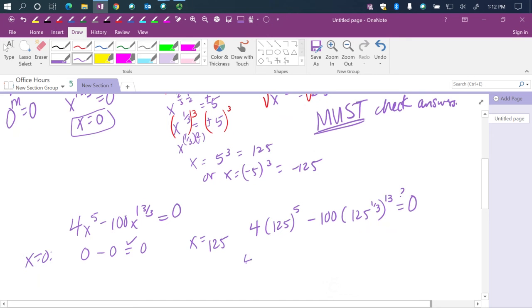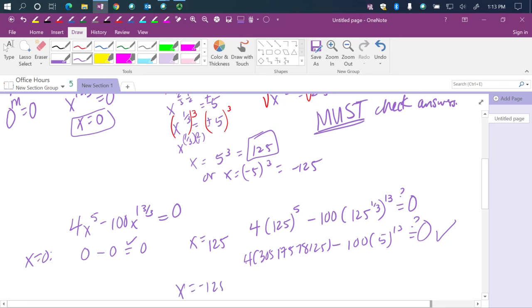So I'm going to write it down. 4 times 305,175,78125 minus 100 times, okay, then we're going to have 5 to the 13th. Is that equal to 0? And you type that in a calculator. Let's see, minus 100. And yes, it is equal to 0. So that one works.